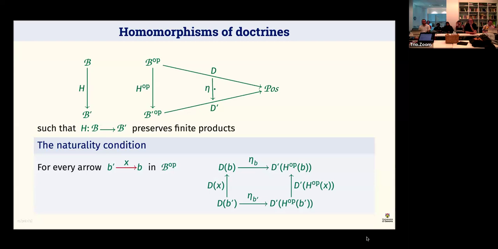Okay, so you can tell me, the underlying idea here is that D and D prime, the doctrines, are just some contravariant functors. Yes, they don't necessarily preserve diagrams.